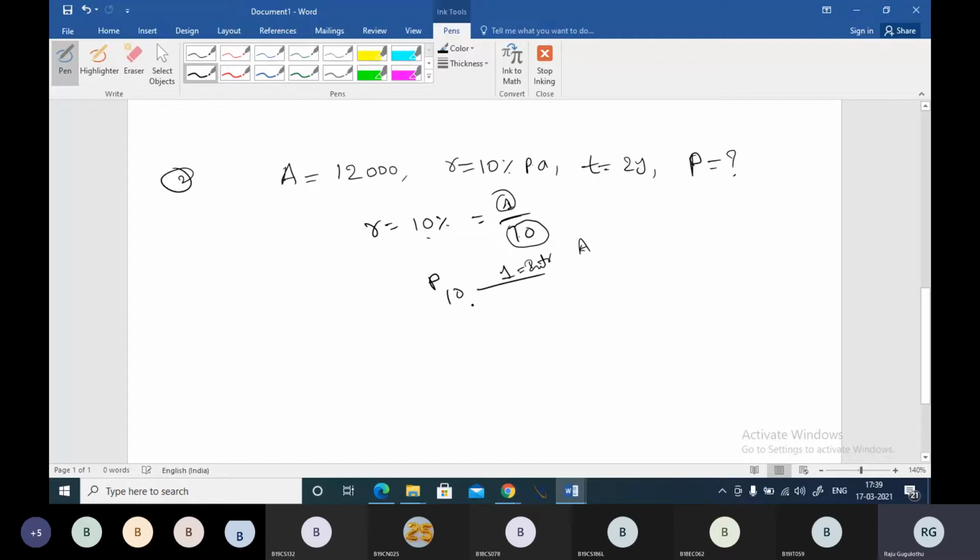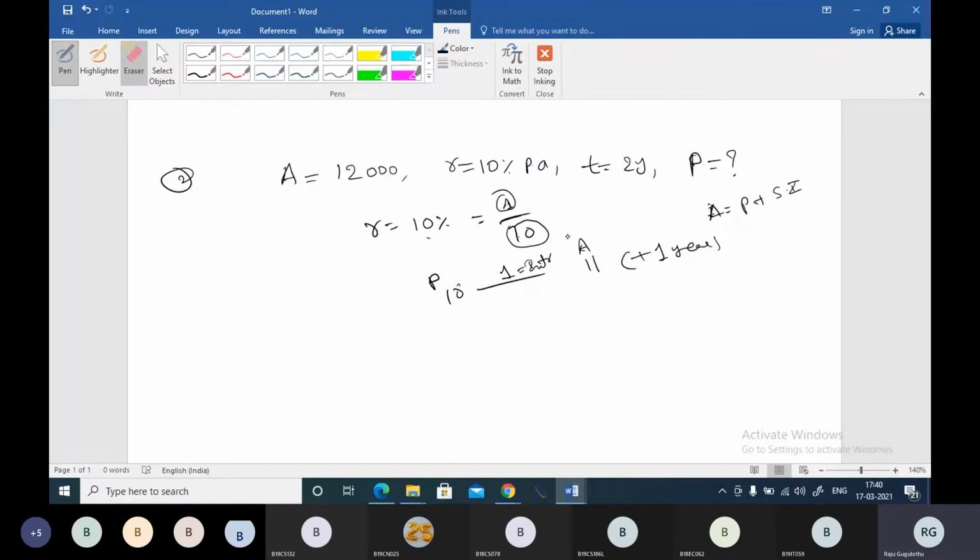Your amount will be principal plus simple interest. So what will the amount become? It will become 11 in 1 year, boss. The time is given as 2 years. So 10 rupees is becoming 11 in the first year.